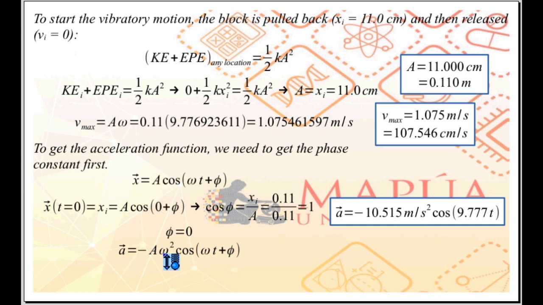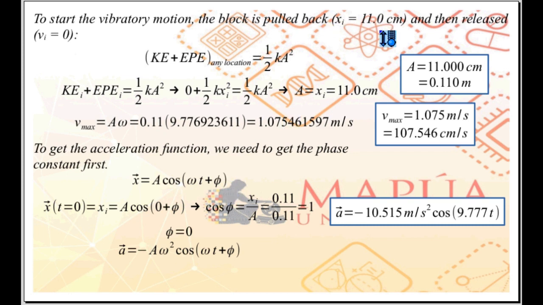And we have just determined the amplitude A. To be able to complete the equation, we need to determine the phase constant phi. To determine the phase constant phi, we use the position function. x is equal to A cosine of omega t plus phi.